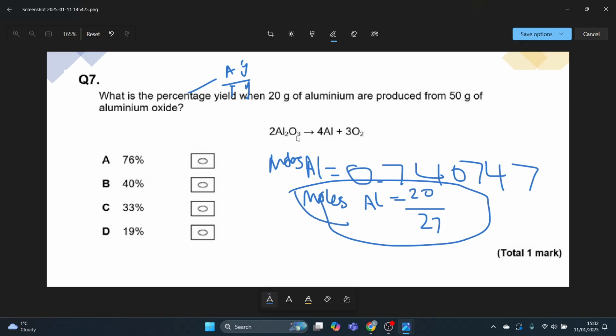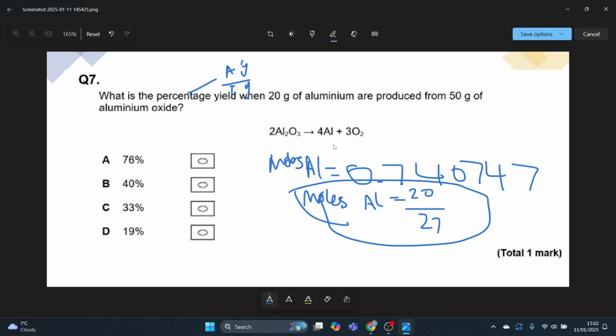Well, if I find out the moles of aluminium oxide, that is 50 divided by 27 plus 27 plus 16 plus 16 plus 16, and that is my theoretical yield, but then I times by 2 because I want the 2 to 4 mole ratio. Then I do 20 divided by 27 divided by my answer times by 100.